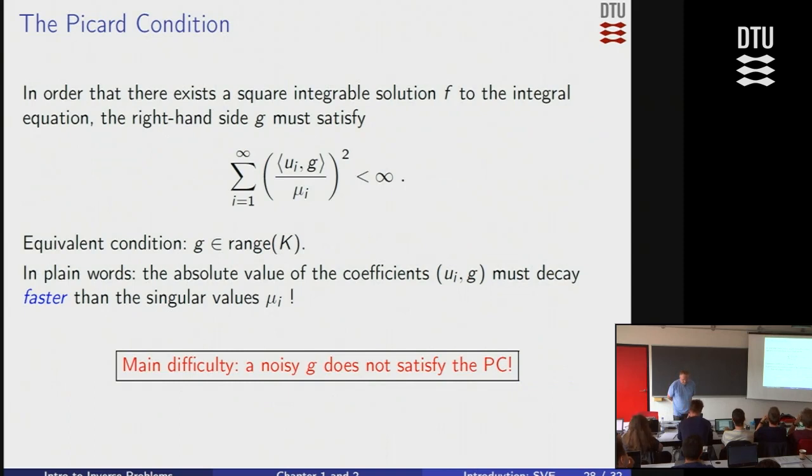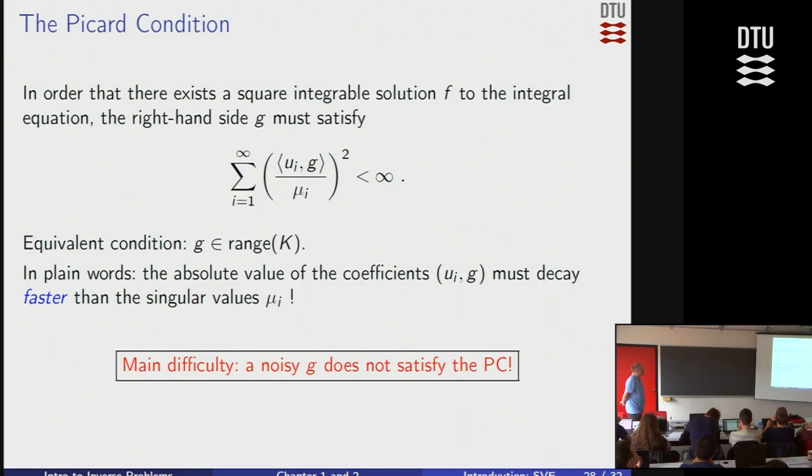Anyway, all this insight leads to a fundamental condition called the Picard condition. This is a condition, of course, in the world of the singular value expansion, so it deals with the behavior of functions.